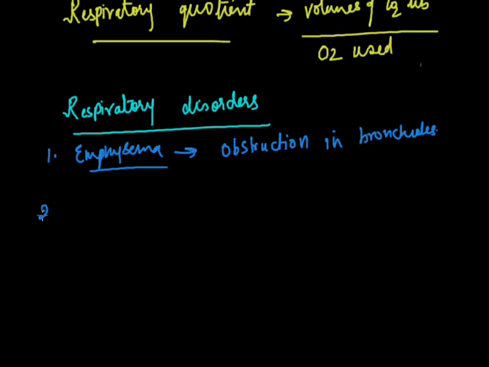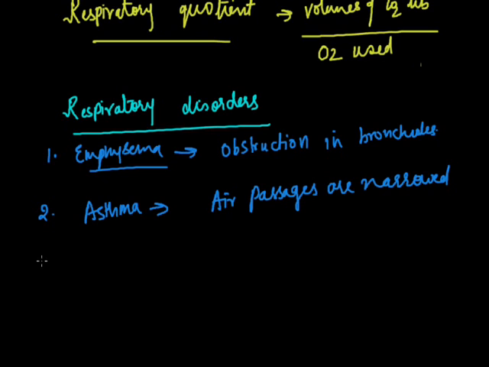The second respiratory disorder, which is most common, is asthma. In asthma, air passages are narrowed and lead to obstruction in breathing. The third respiratory disorder is pneumonia.